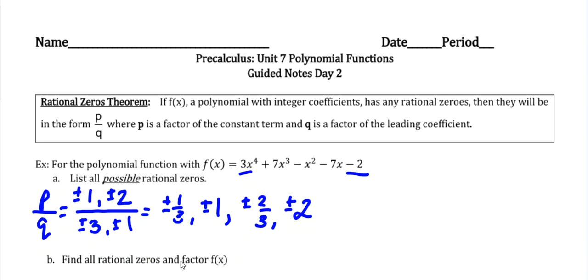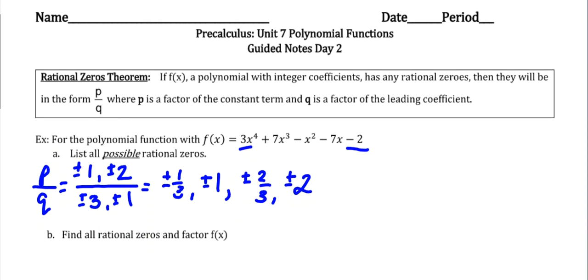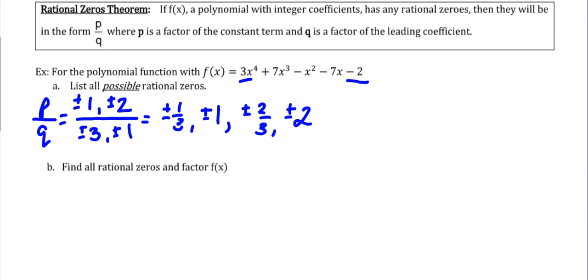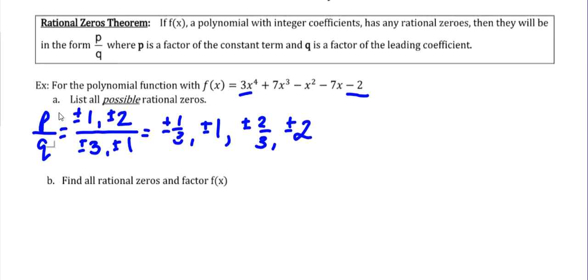To find the rational zeros, you just need to test them. Most people like to test the ones that are not fractions first. For example, let's see if 2 is a 0. I'll put 2 in the box, and line up my coefficients, 3, 7, -1, -7, -2.